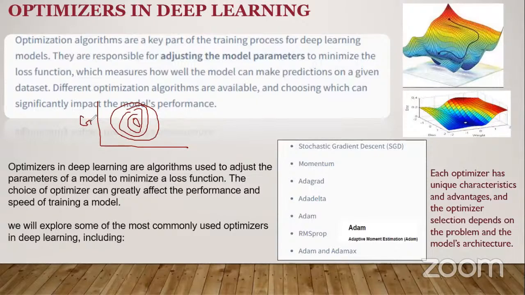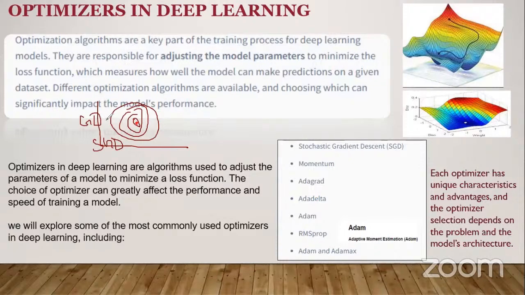Stochastic gradient descent and some other descent algorithms are not taking the entire data set at one point of time. And this is the minimum point, let's say, which we are trying to reach, because when we reach the minimum point, the loss will be less.